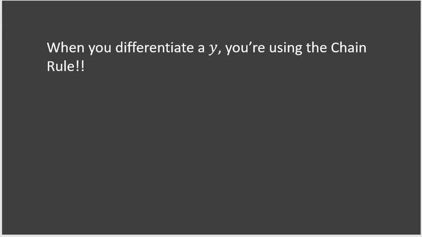Now here's why I said that what we did in the previous video was going to be so critical to what we are doing in this video. Most of these problems, when you have to find dy over dx using implicit differentiation, you'll have y's raised to some power, or maybe x's times y's.